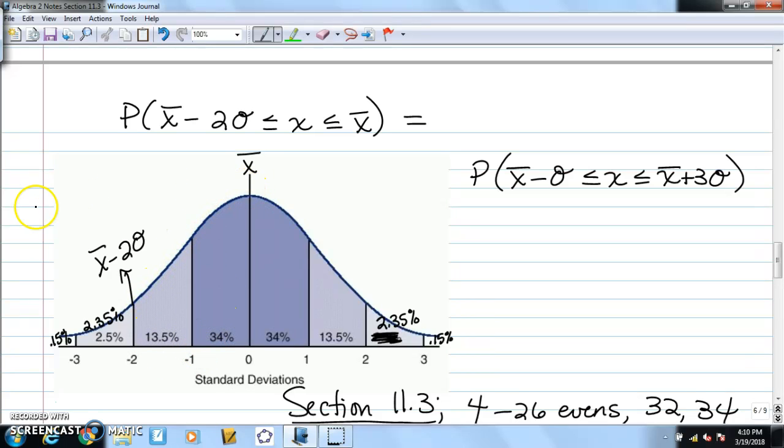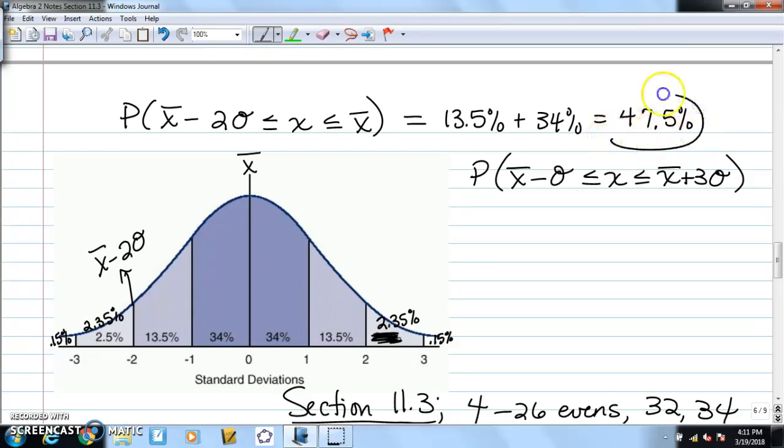But if I took 50% minus the 2.5%, I would also get the same thing. Add these together: 34 and 13.5 is 47.5. And if I took 50% minus 2.5%, I get the same answer. Hopefully that convinces you that that works to do in between.